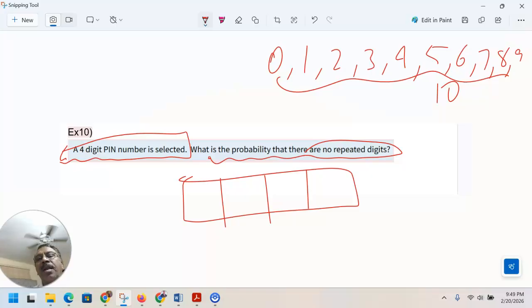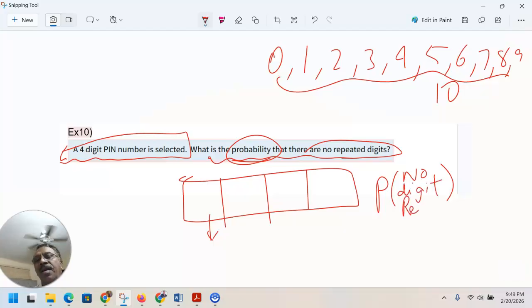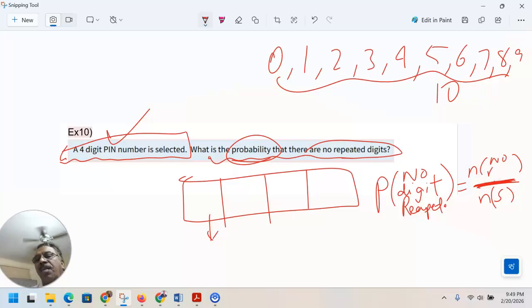First thing is probability. So when you talk about probability, no digit repeated, right? I'm just writing no digit repeated. First of all, we have a ratio of all possible ways of getting these 4 digits, and the top part says no repetition, so how many are there with no repetition.